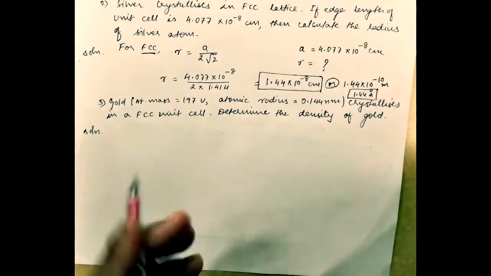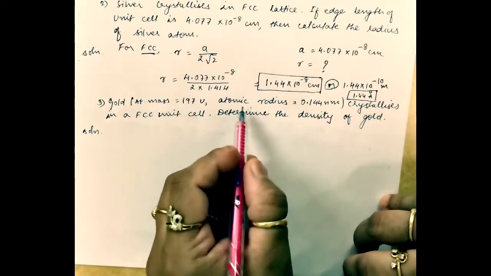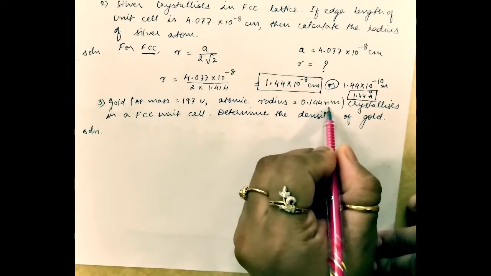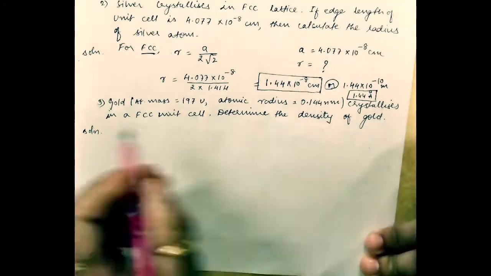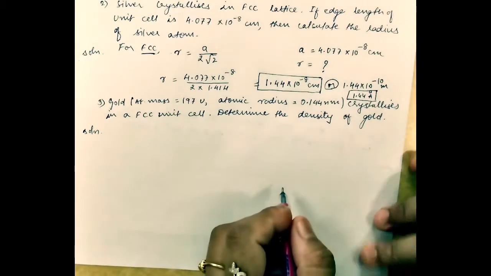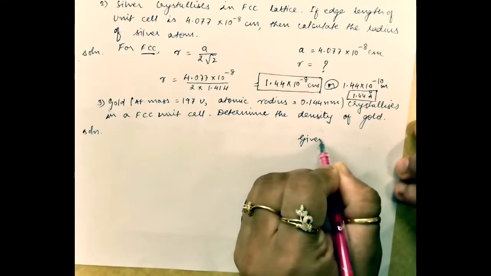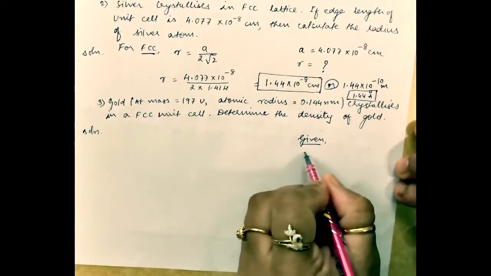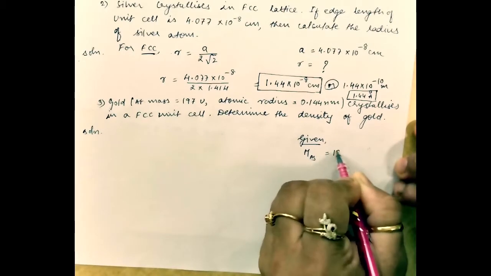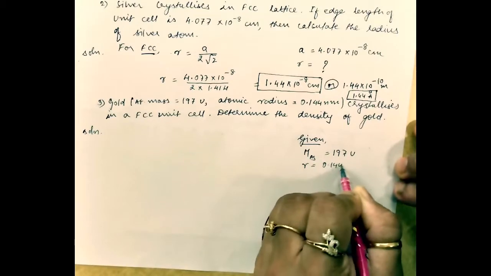It says gold having atomic mass 197 unit, atomic radius 0.144 nanometer. See the unit, it is nanometer. Crystallizes in FCC unit cell, and you need to determine the density of the gold. Let us first write aside what the given conditions are. So mass of gold is given as 197 units and radius is given as 0.144 nanometers.